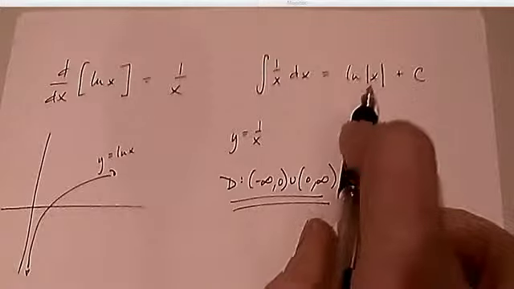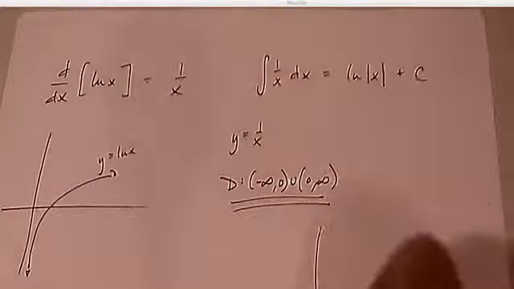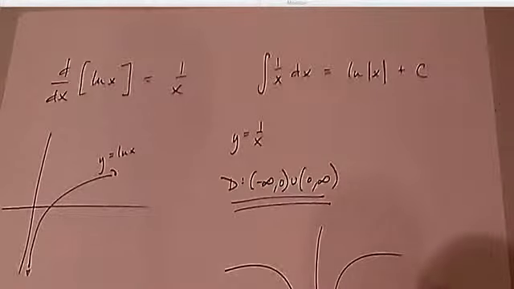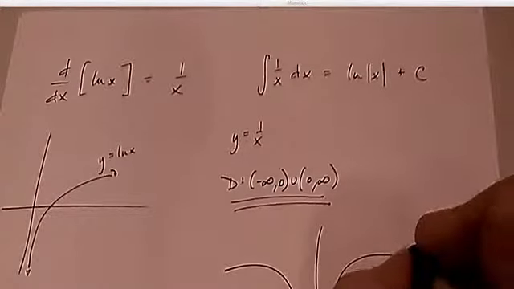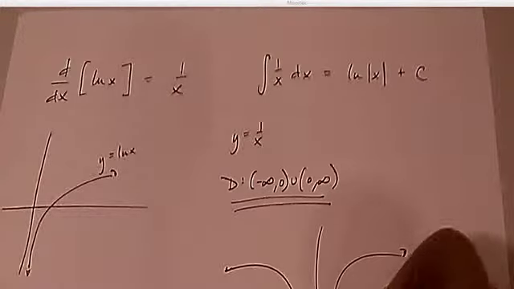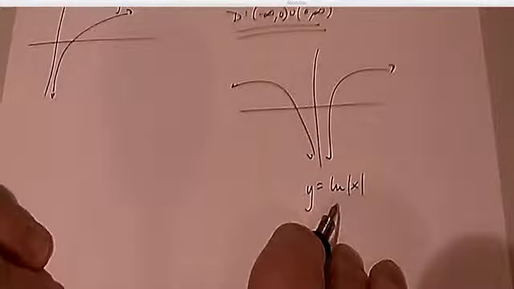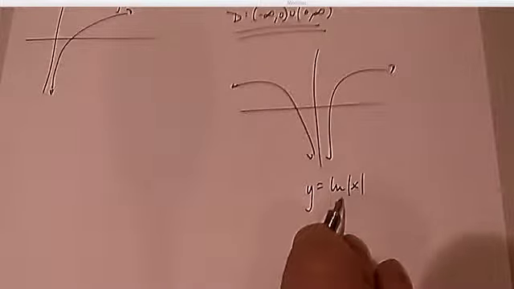That absolute value of x basically means that this is y is equal to the natural log of absolute value of x, because remember, when we're dealing with transformations, the absolute value on the input evens the function, so it winds up having y-axis symmetry.